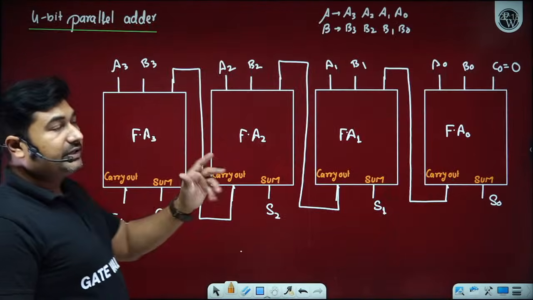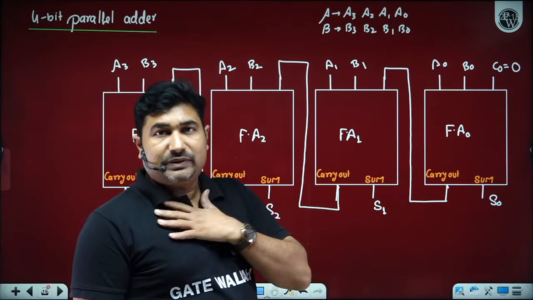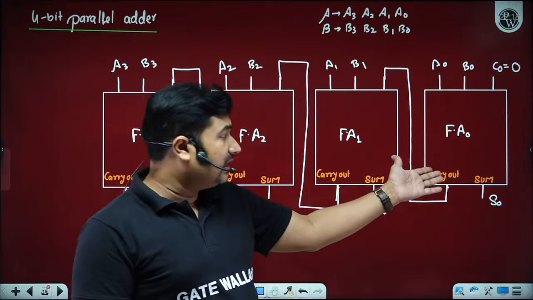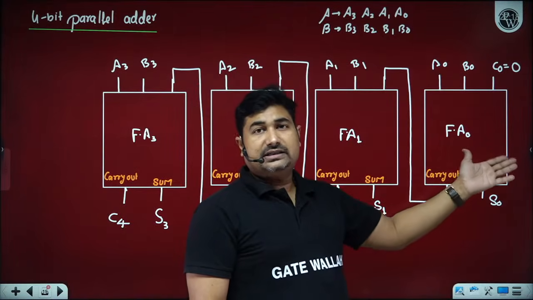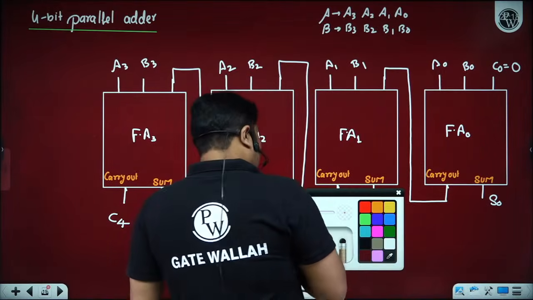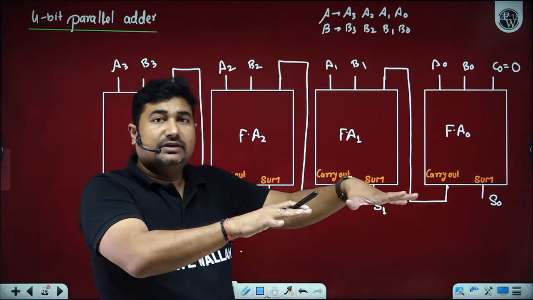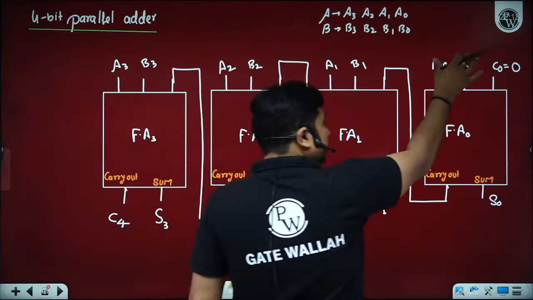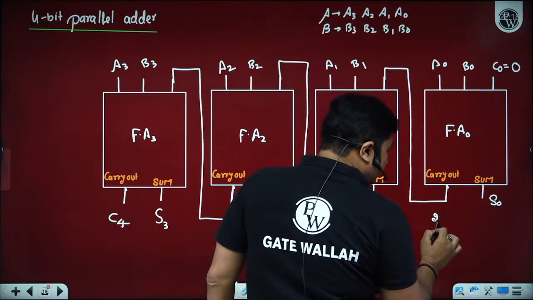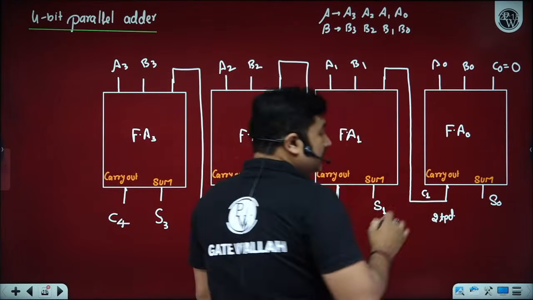Now please observe here. If each logic gate has a delay of TPD and the full adder is designed with 2 XOR gates, 3 AND gates, 1 OR gate, then after applying the inputs, we must wait 2 TPD for carry C1 to generate.